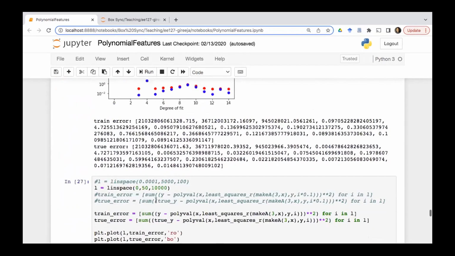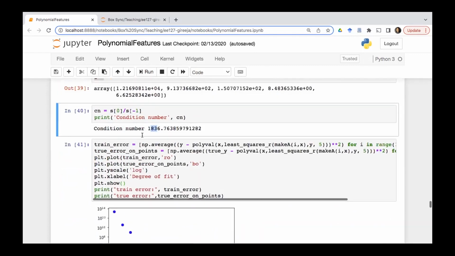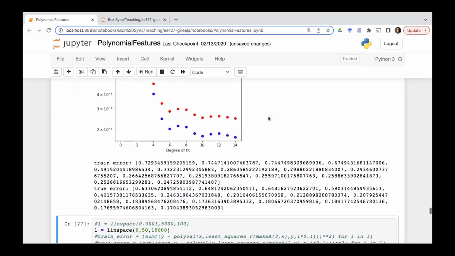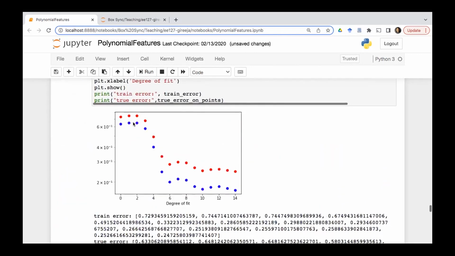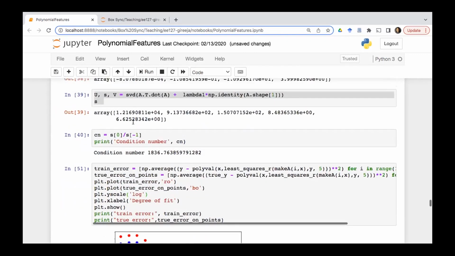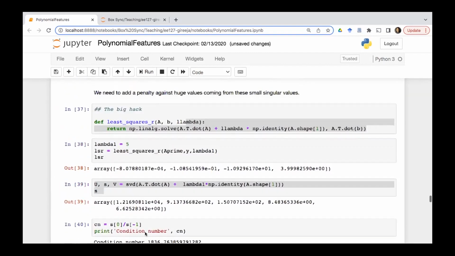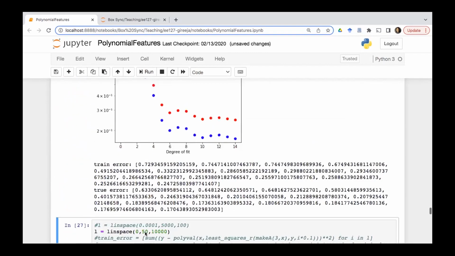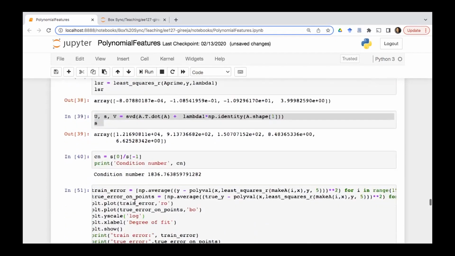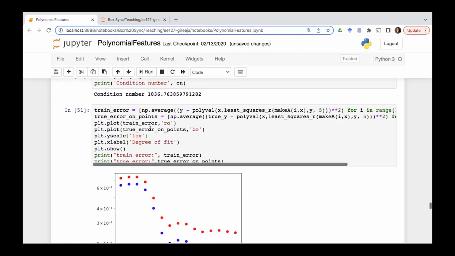But now let me try to actually fit. Where is my plot of this fit? Weird.